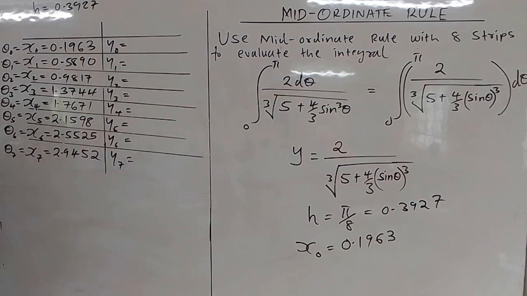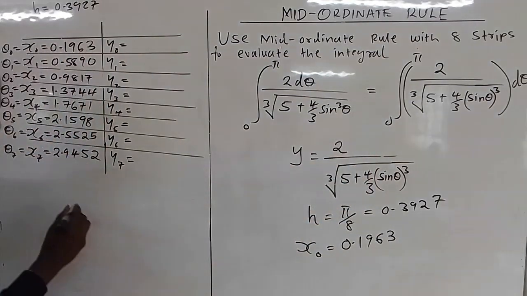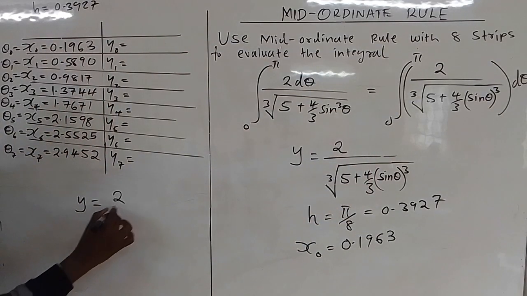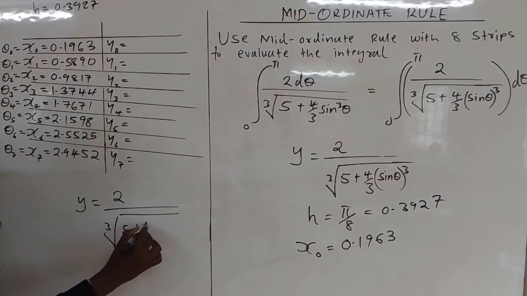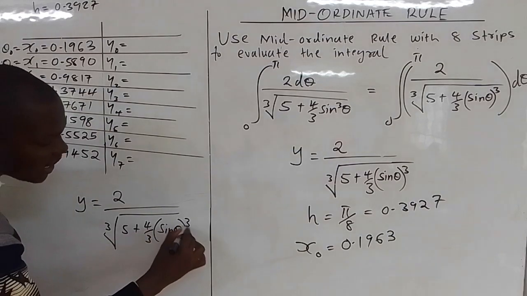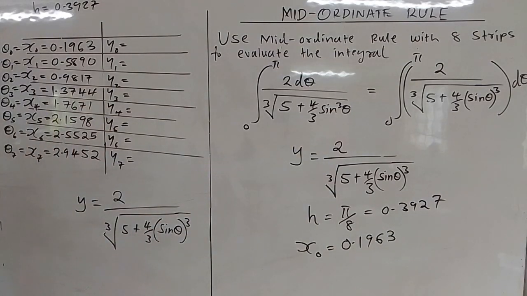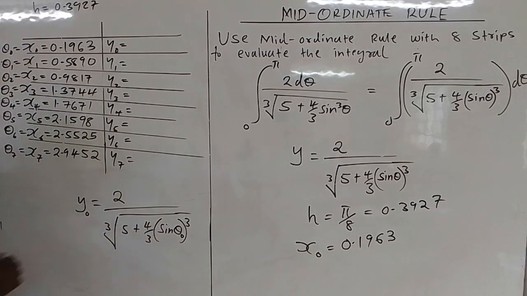So now let us go. Your equation is here: y is 2 over cube root of 5 plus 4 over 3 sine theta cubed. When you have theta naught, where there is theta you put naught, and where there is y you also put naught.